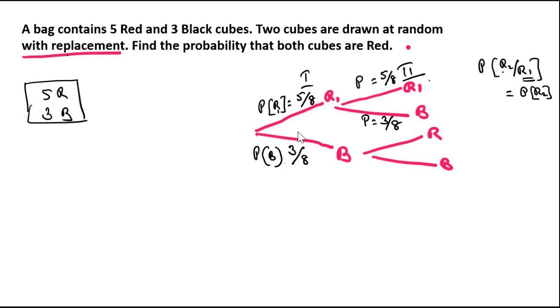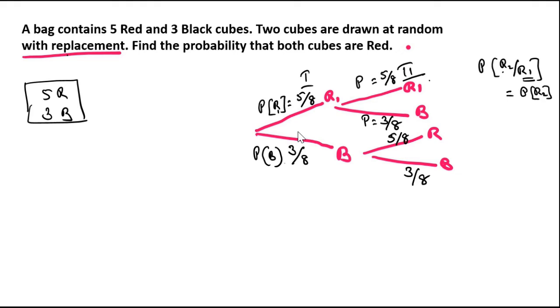No change. In the previous case we were not keeping back, so it became 3 by 7. But here it is replaced, so 3 by 8. So red is coming again 5 by 8, and black again 3 by 8, since we are replacing.